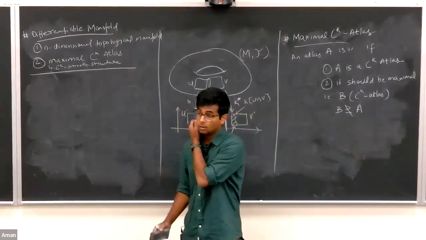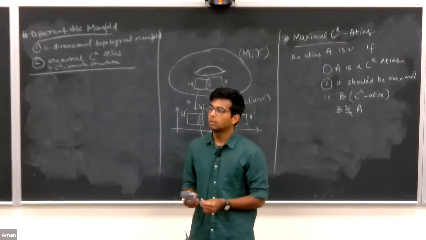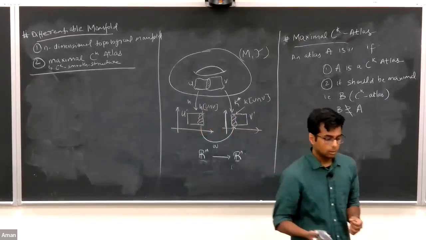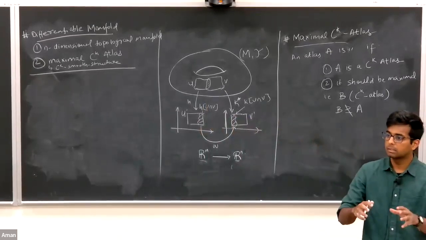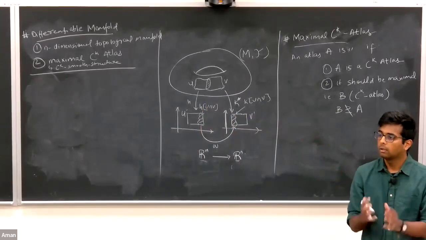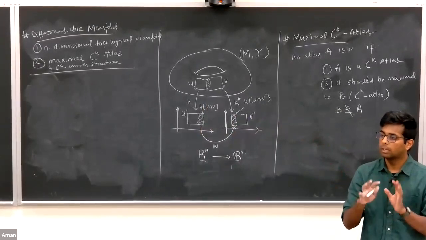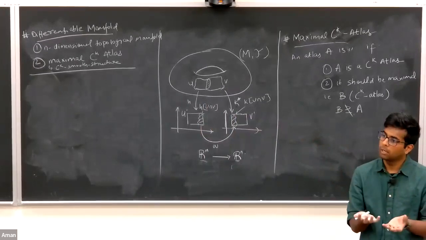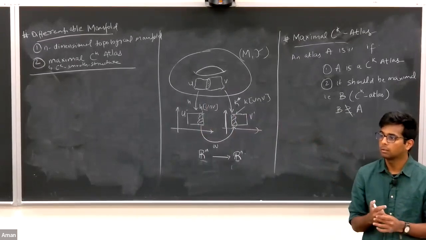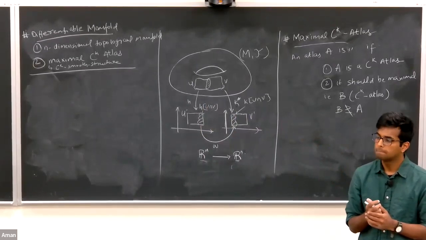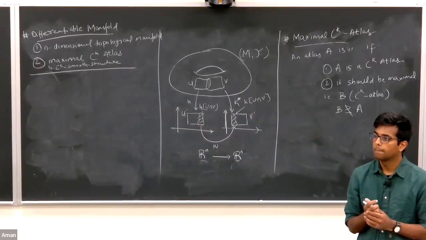Could you please say again what does maximal refer to in this context? Correct. So a maximal atlas is just an atlas which covers the entire manifold, right? It should not leave out any points. It's a collection of maps. If it's able to cover the entire manifold, every point on that manifold, it is considered a maximal atlas. And what if there is another atlas that covers all the points?